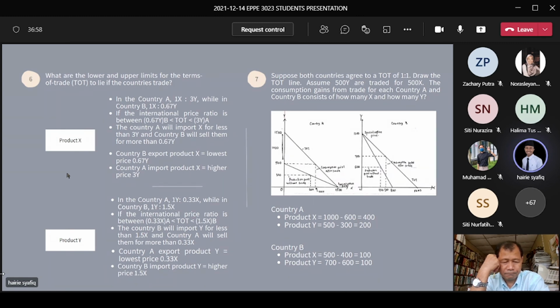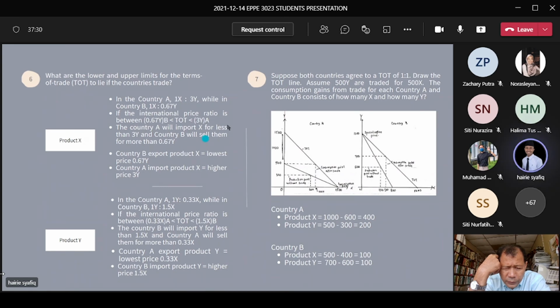If the international price ratio is between 0.67Y in country B, less than TOT, and less than 3Y in country A, country A will import for less than 3Y and country B will sell them for more than 0.67Y. For the conclusion, country B will export product X at the lowest price 0.67Y, and country A will import product X at its higher price 3Y.